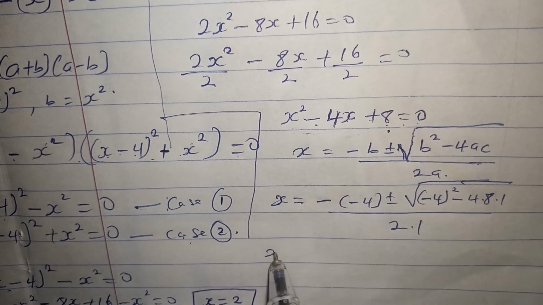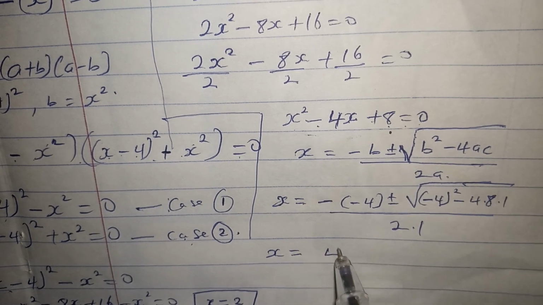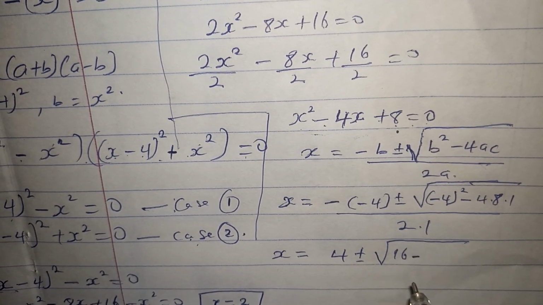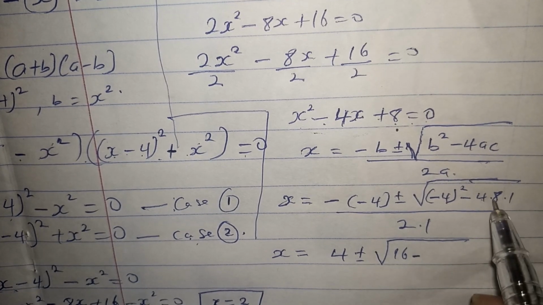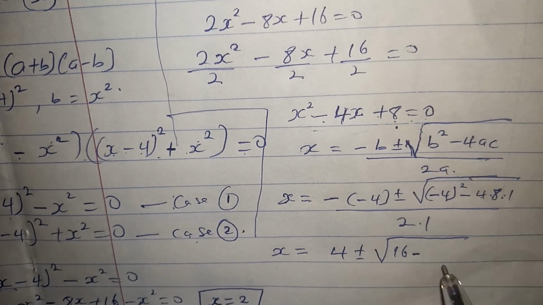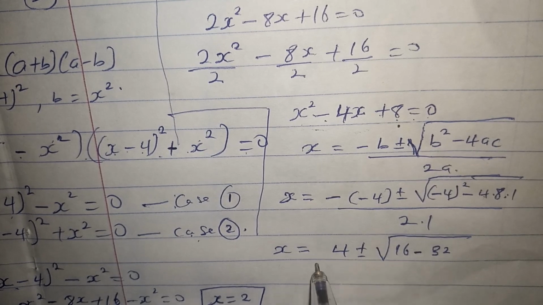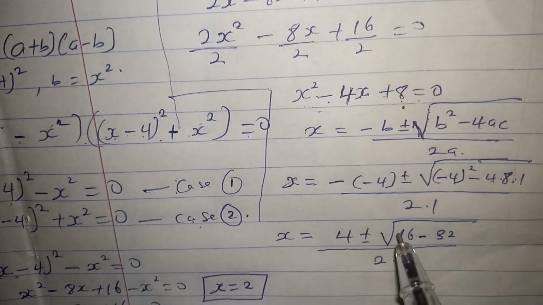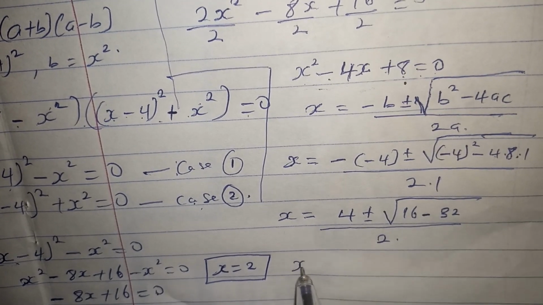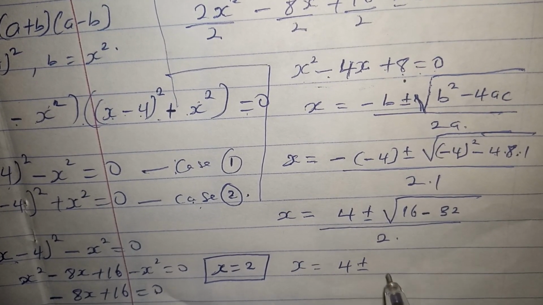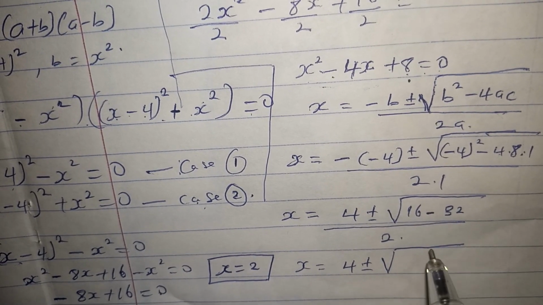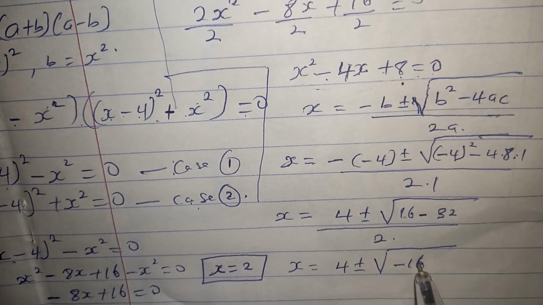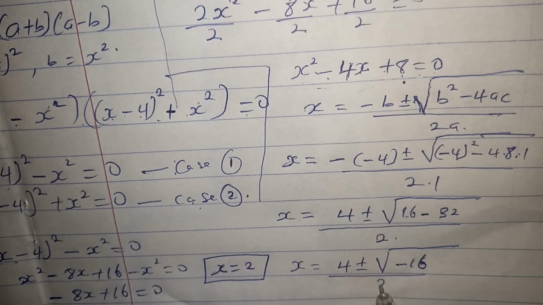From here, x equals 4 plus or minus the root of 16 minus, 4 times 8 times 1 gives us 32, divided by 2. So x equals 4 plus or minus the root of 16 minus 32, which is minus 16, divided by 2.